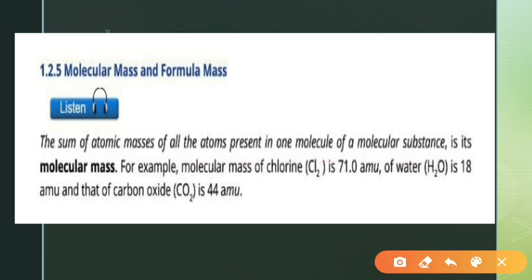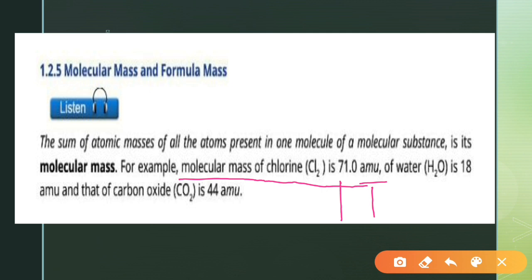Let's do an example. You have to calculate the molecular mass of chlorine, which is 71.0 AMU. This is molecular mass, and the second thing is atomic mass unit. From where do you get 71? We will solve it. Now you have to tell me what AMU is.